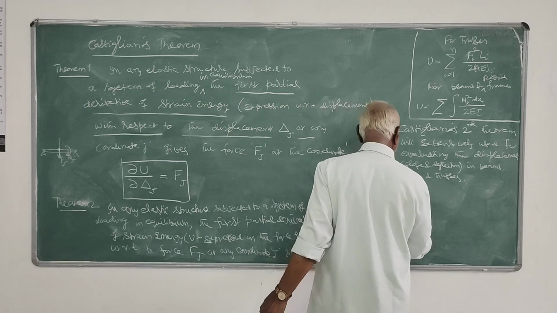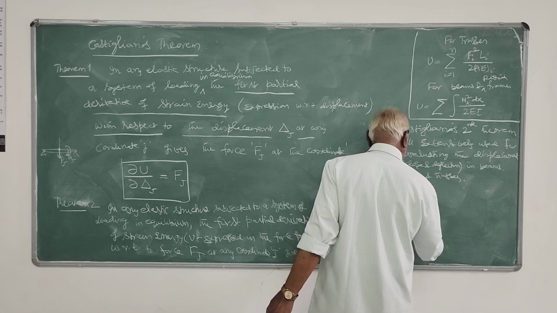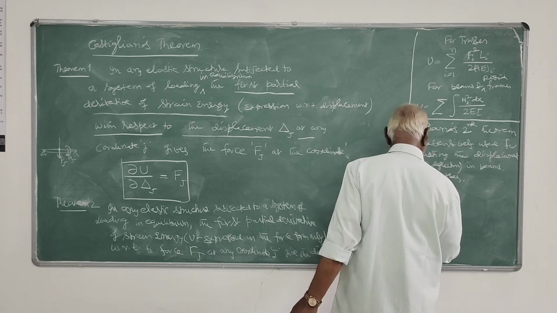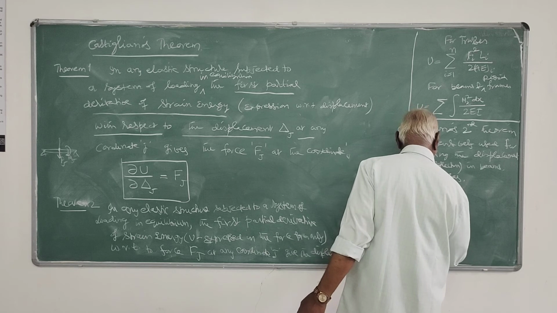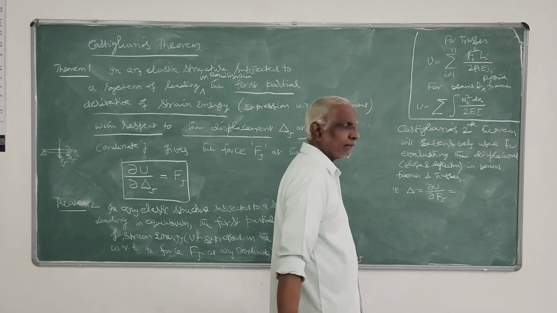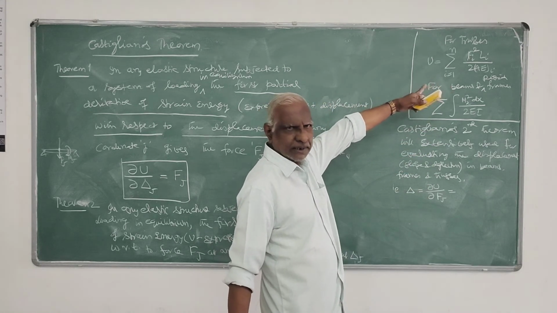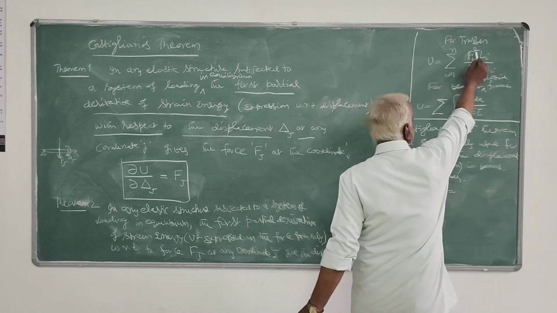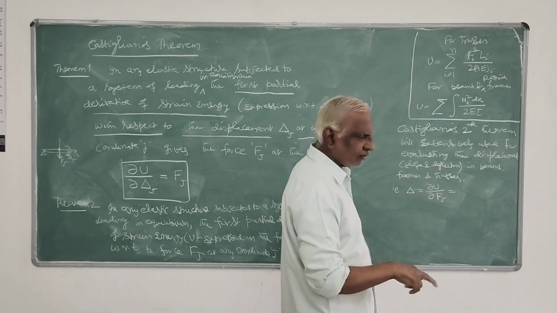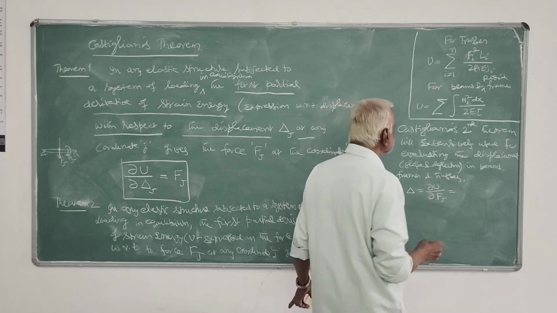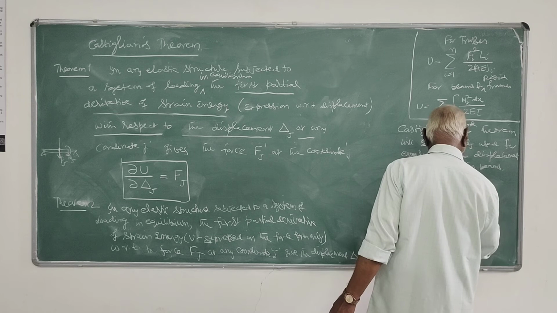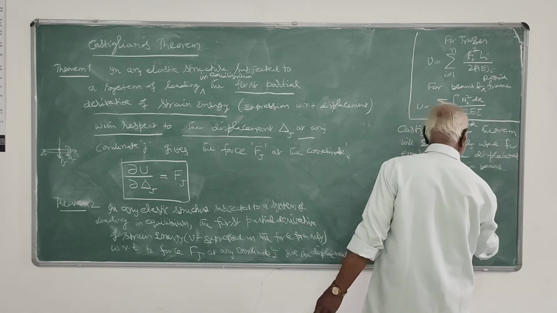So delta is equal to delta U by delta Fj. You have to take the partial derivative. If you take the first partial derivative, this will be 2Fi into delta Fi by delta Fj, so that is sigma of i equals 1 to n; the 2 gets cancelled.